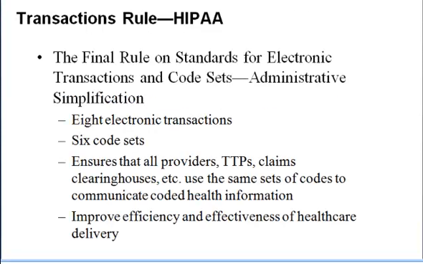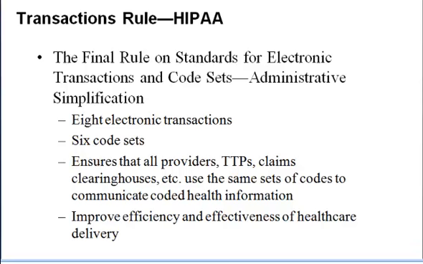The HIPAA transaction rule is the final rule on standards for electronic transactions and code sets. It identified 8 electronic transactions and 6 code sets. There is a table in your textbook that lists all of those 8 transactions and also one that lists the 6 code sets.